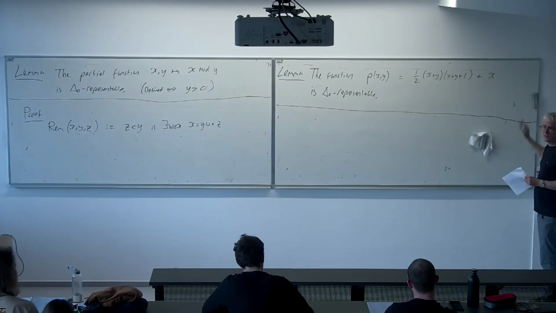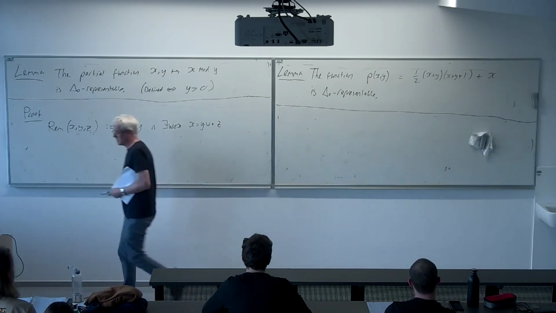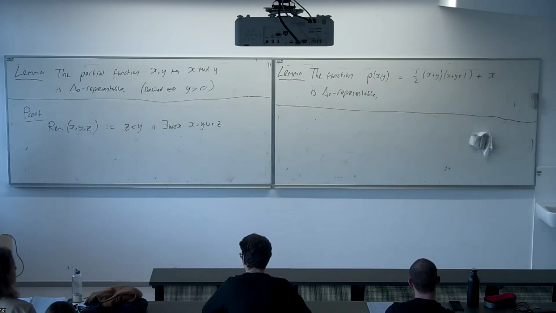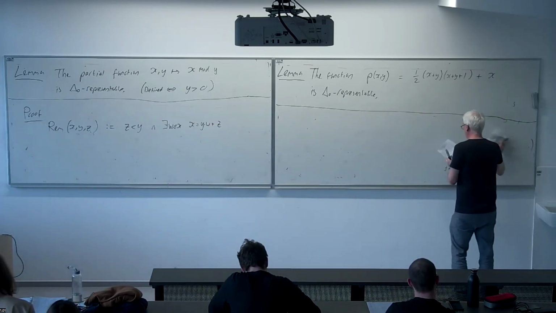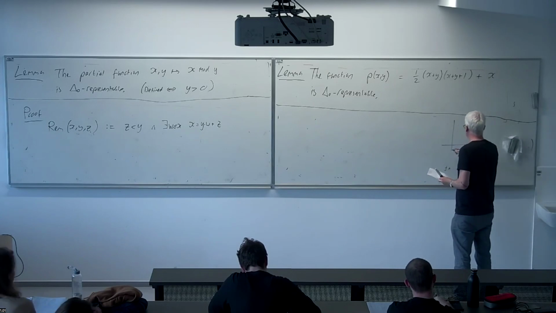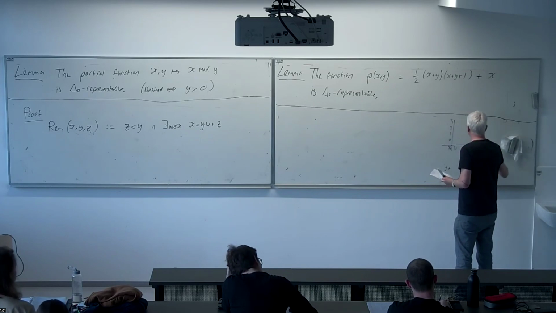Why this function? Does somebody recognize this? Yes. Yeah, the pairing function. So it's the function that counts up diagonals. If this is x here and y here, 0, 1, 2, 3, 0, 1, 2, 3.